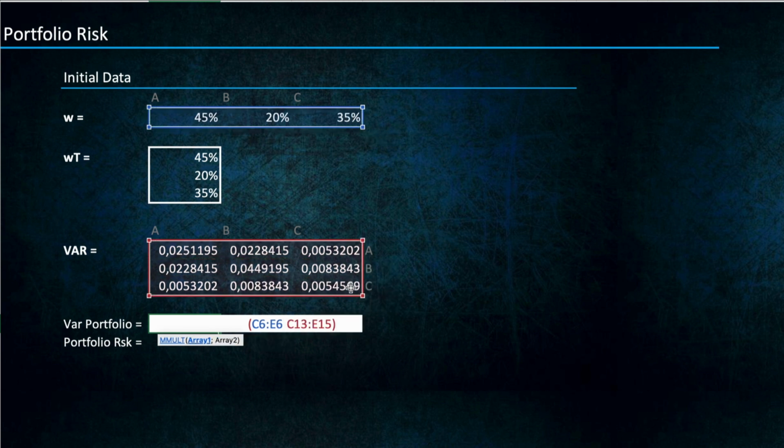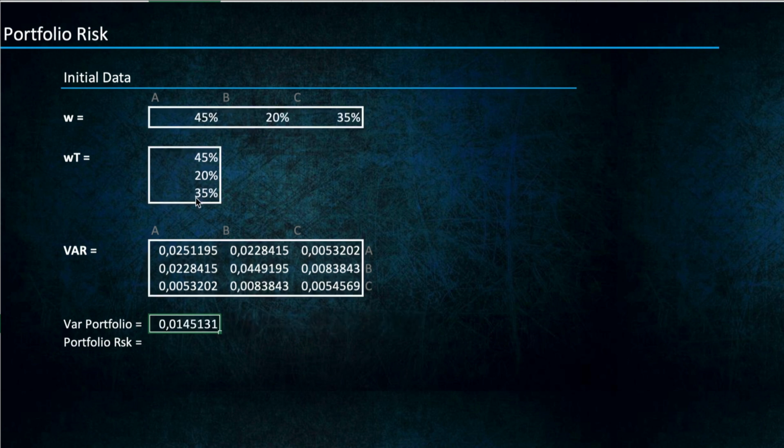Then we close the parentheses, so we'll have this first multiplication here, and then we multiply in the second MMULT by WT. This will give us the calculation of the variance of the portfolio. Now, to put it in terms of risk that are easy to understand, we will take the square root of that variance, and boom, you have it.